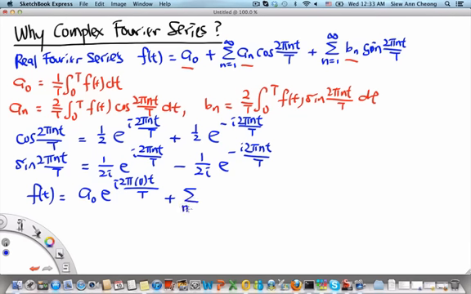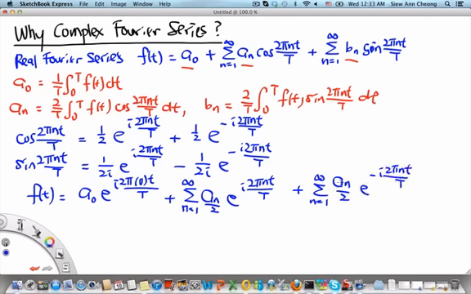The first sum is going from n equals 1 to infinity of an divided by 2 e to the i 2 pi nt over capital T. The second term is plus, again a sum from 1 to infinity of an over 2 e to the minus i 2 pi nt over capital T.